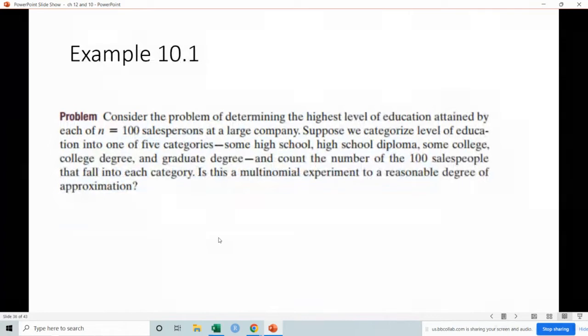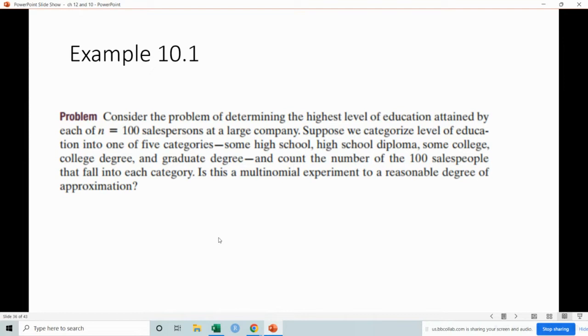So our first example: consider the problem of determining the highest level of education attained by each of the n equals 100 salespersons at a large company. Suppose we categorize level of education into one of 5 categories: some high school, high school diploma, some college, college degree, and graduate degree, and count the number of the 100 salespeople that fall into each category.